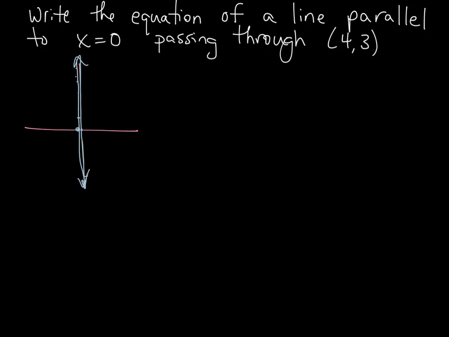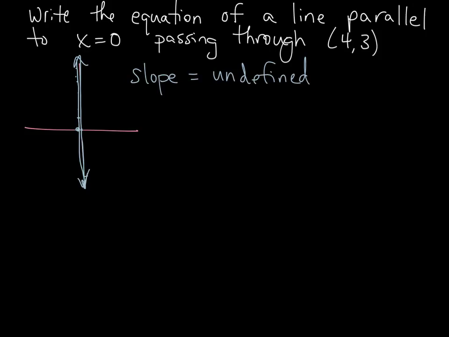So what's the slope of a vertical line? Well, we know the slope of this line is undefined. Well, now that gets a little tricky when we're talking about this. Because now we're like, oh, how do we put that into an equation? Well, what's parallel? Another equation that's going vertical.